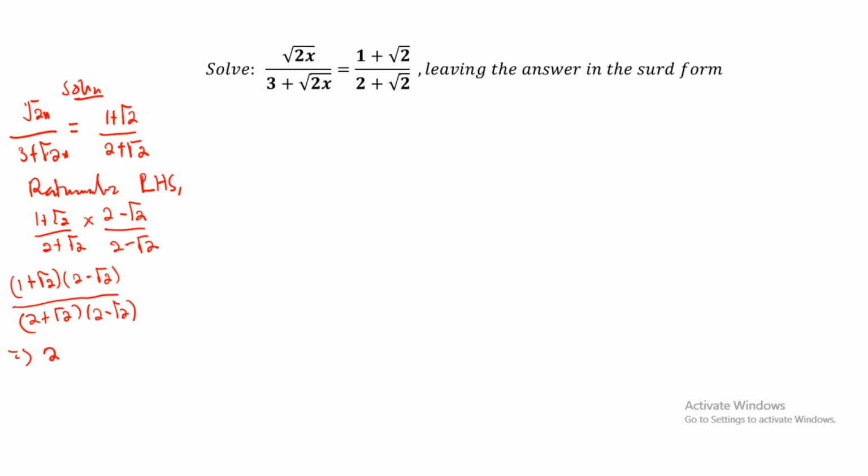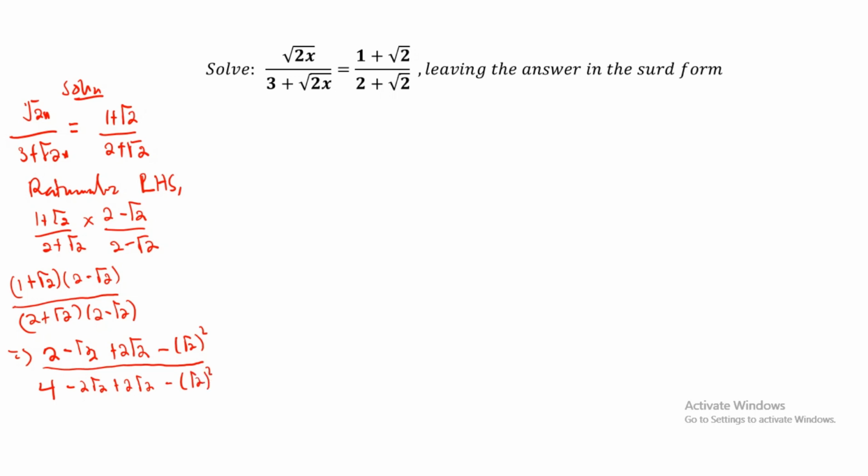So this should give us 2 minus square root of 2, then plus 2 root 2, then minus root 2 squared, all over. We'll do the same thing for the denominator, multiply everything. We have 4 minus 2 square root of 2 plus 2 square root of 2 minus square root of 2 all squared.